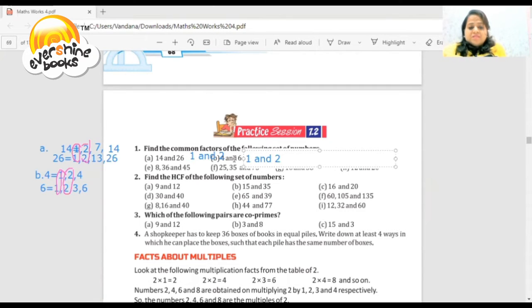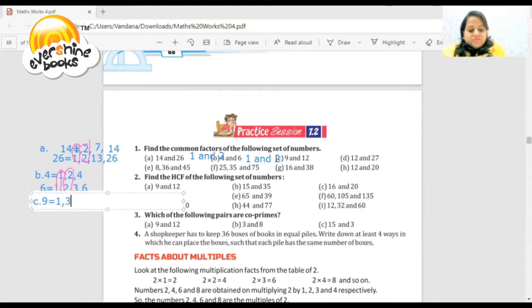are the common factors. 9 and 12. Now I am talking about this C question. Write C and write your number 9 here, and 1, 3, and write here number 9. These are the factors of number 9 because it is fully divided by 1, 3 and 9.